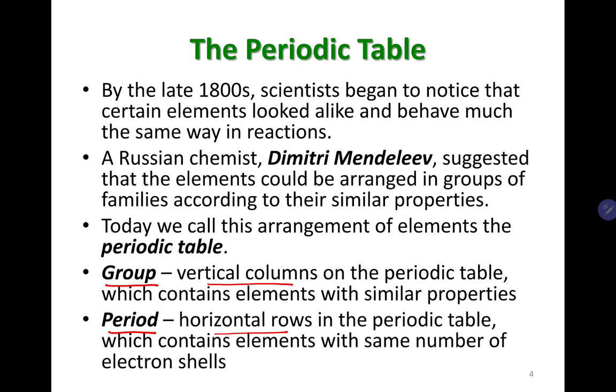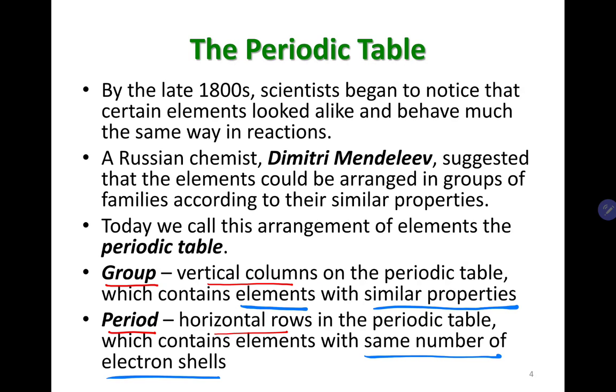And here's the most important thing. Groups, which are vertical columns on the periodic table, contain elements with similar properties. Each group contains elements with similar properties. That is important to remember. And periods, which are horizontal rows, contain elements with the same number of electron shells.